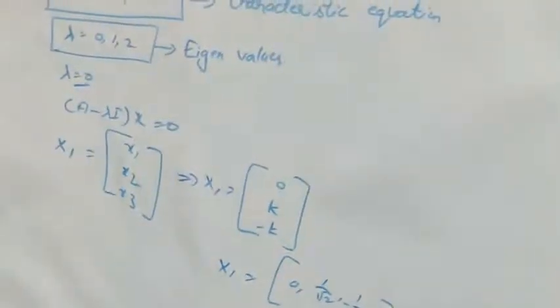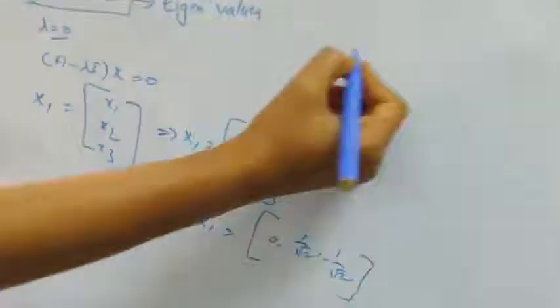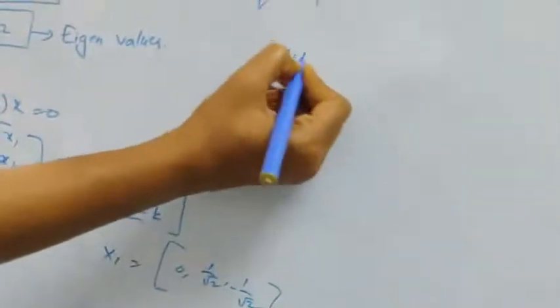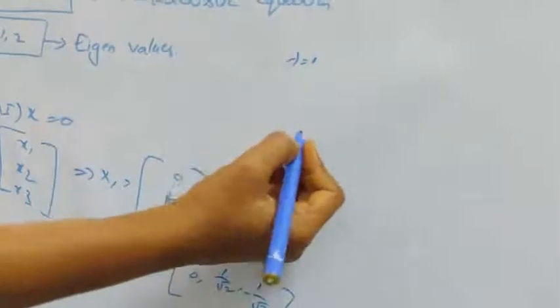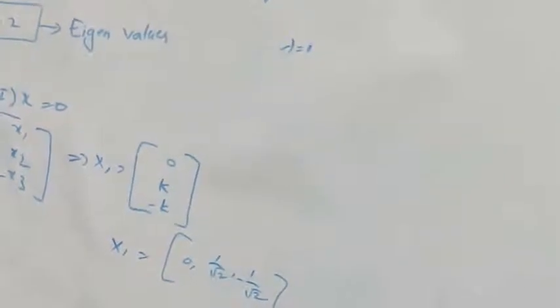Similarly, we have solved the case for lambda is equal to 1. For lambda is equal to 1, we got x2 value as 0 and x3 value as 0, but we didn't get the x1 value.